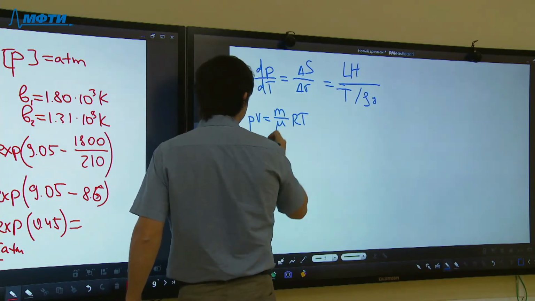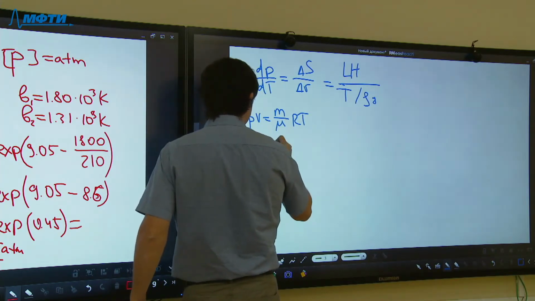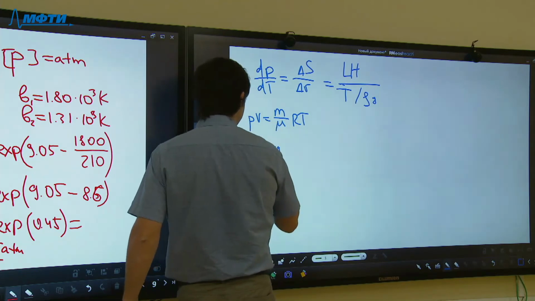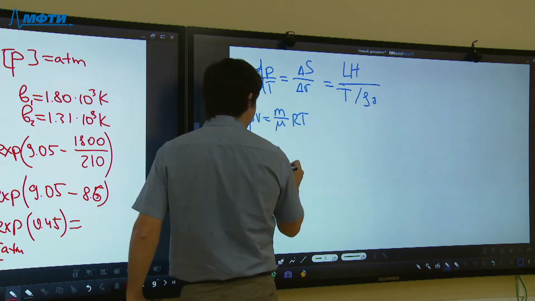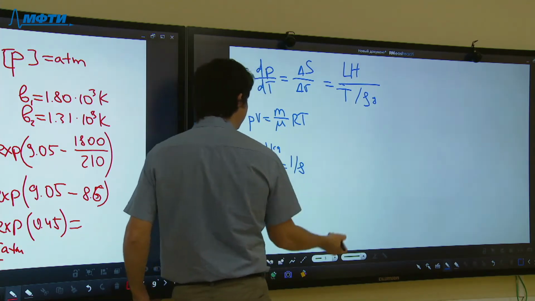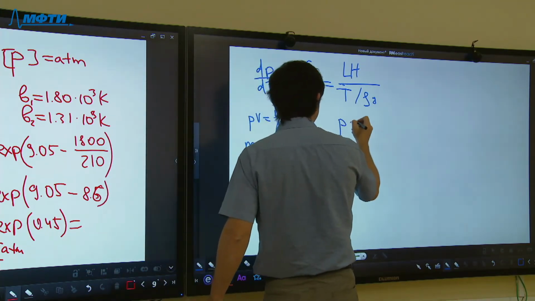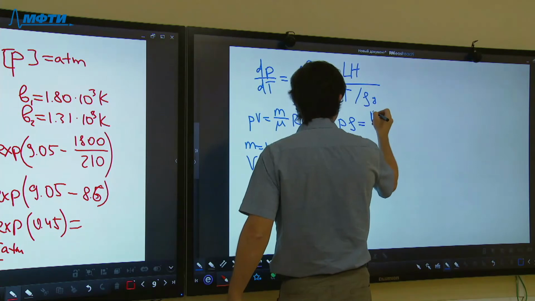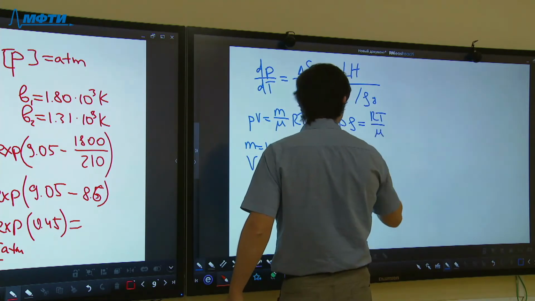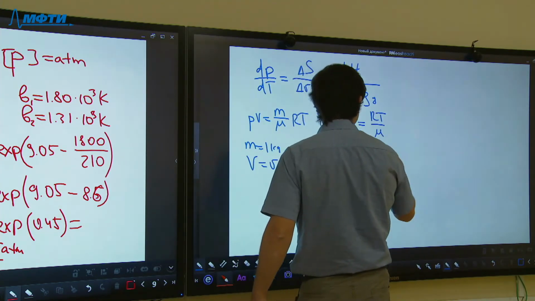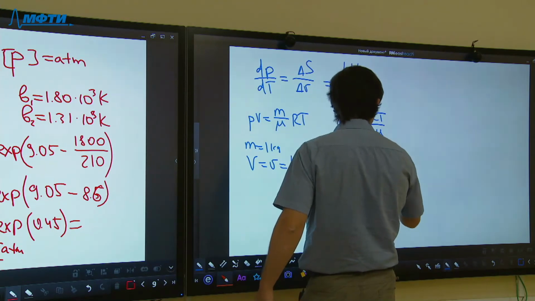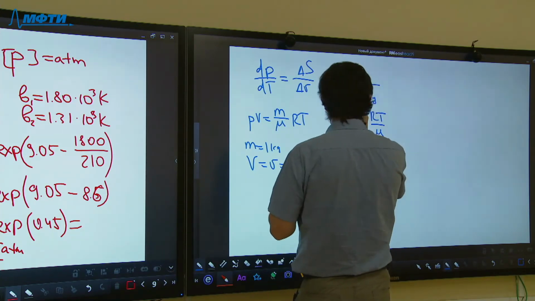So if I take m to be equal to 1 kilogram, that means that volume is equal to the specific volume, or to the reciprocal density. And that means that P times rho equals RT over mu. So from here I get 1 over rho.